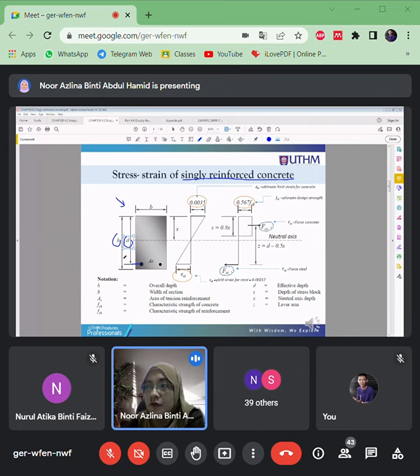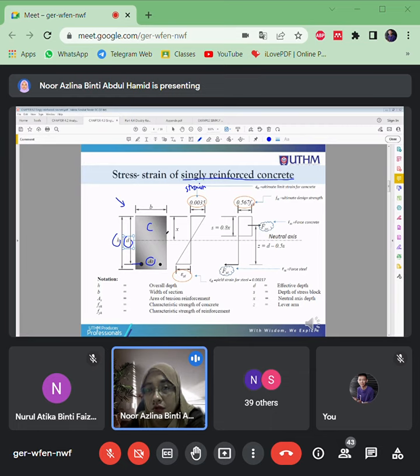Okay, from this cross section, which is singly reinforced and only has AS here, we only provide tension reinforcement. This is how the strain block diagram looks like. Okay, this is the strain block diagram. So remember this is where the neutral axis divides the compression and tension areas. Okay, the top one, the concrete that is very good in compression, this compression stress will be supported by the concrete, right?